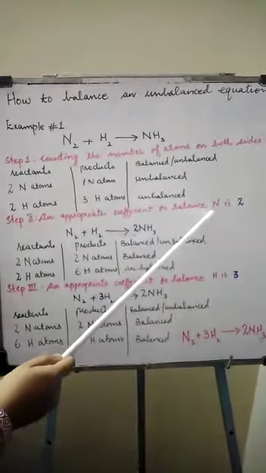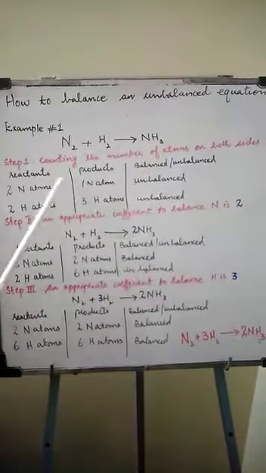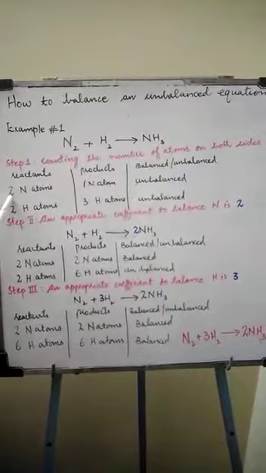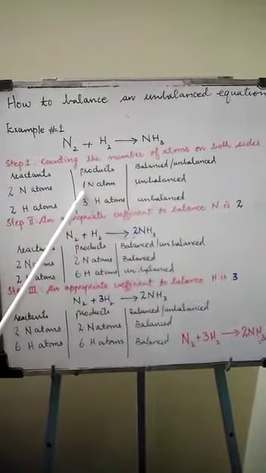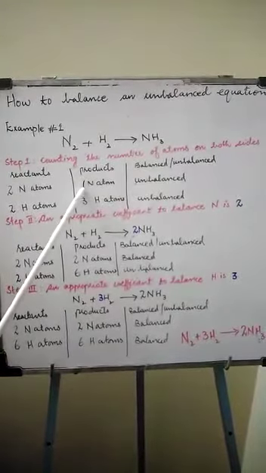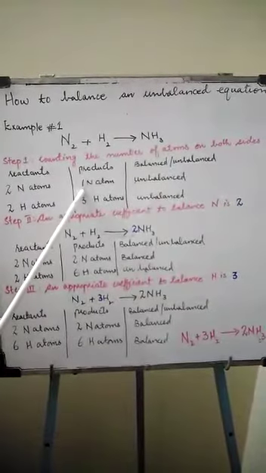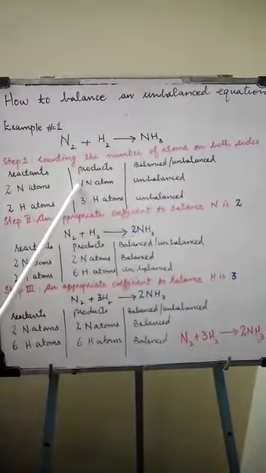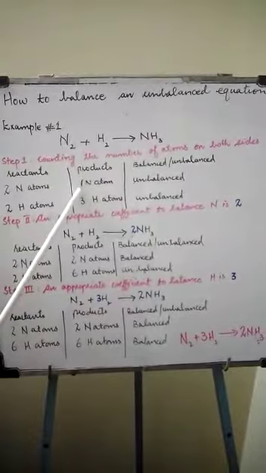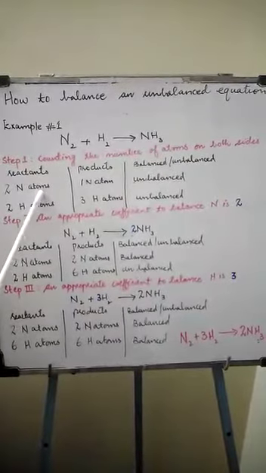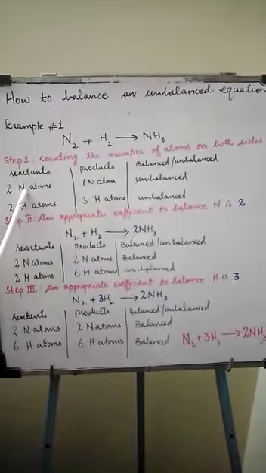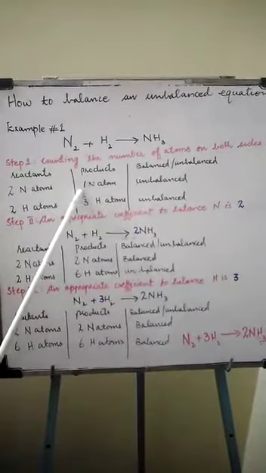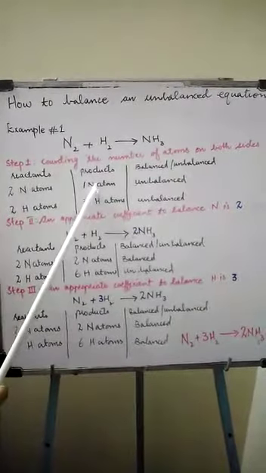When we are going to balance nitrogen, on the product side I have only one nitrogen atom. Therefore, I will use the multiplication process on the product side, because to balance nitrogen atoms, where the number of atoms are less, we will work on that side.